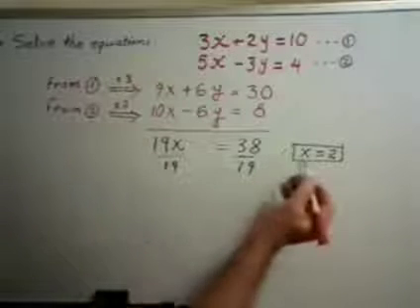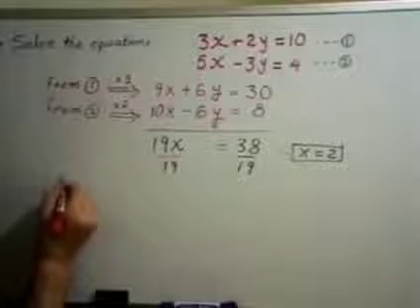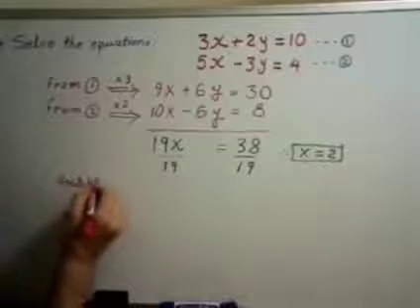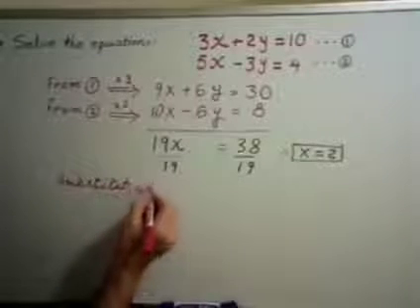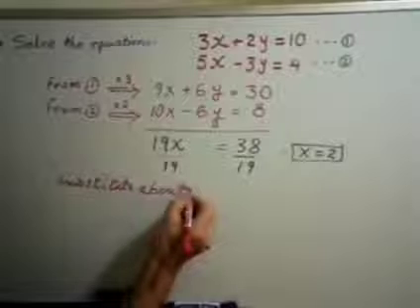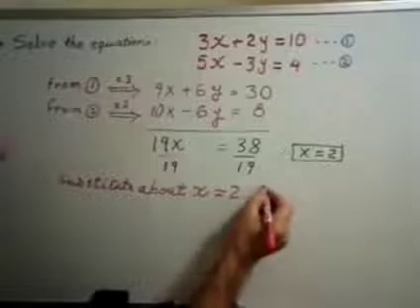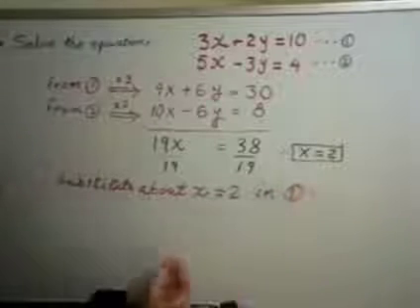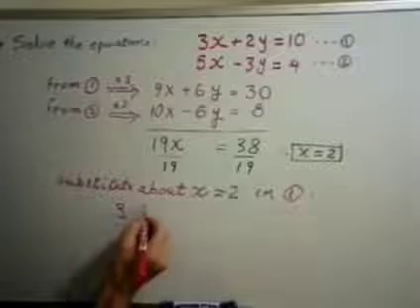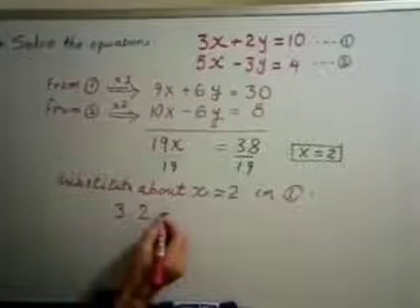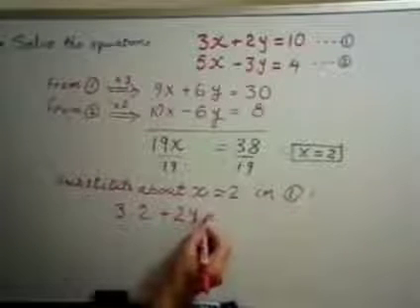By making substitution about x is equal to 2 in number 1, what we will get here, 3 times 2 plus 2y is equal to 10.